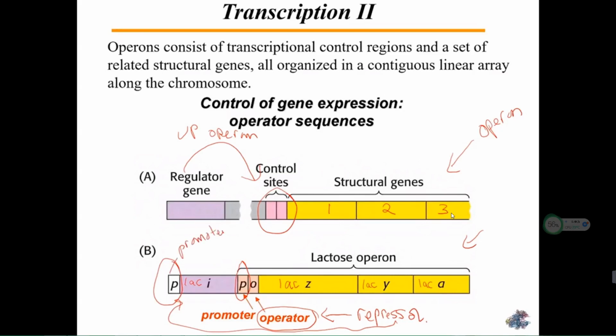So the regulatory gene in the lac operon is found upstream of the actual lac operon, the three genes, lac-Z, lac-Y and lac-A. The lac operon is under the control of its own promoter region, and there is a particular operator region that allows for binding of the repressor protein, which is transcribed from the lac-I regulatory gene sequence.